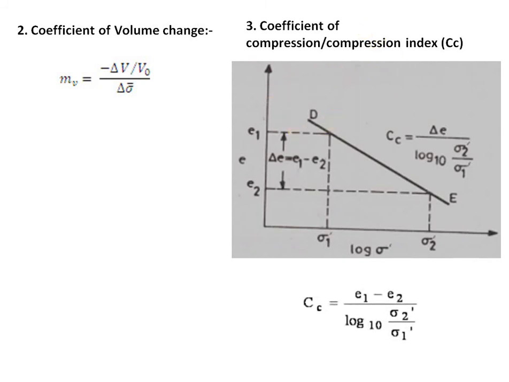If there is an initial and final void ratio, initial and final vertical stress, then Cc is given by e1 minus e2 upon log to the base 10 of sigma 2 dash upon sigma 1 dash. So this is how the three values are calculated. So those are the basic conditions.